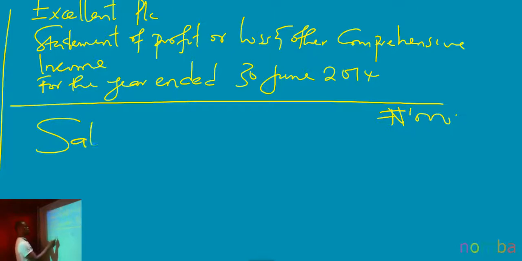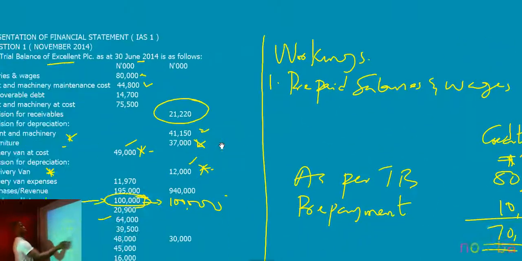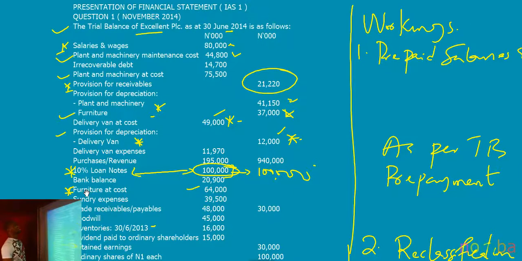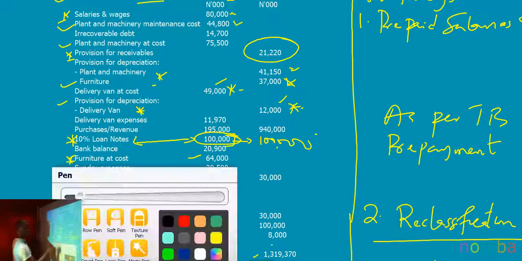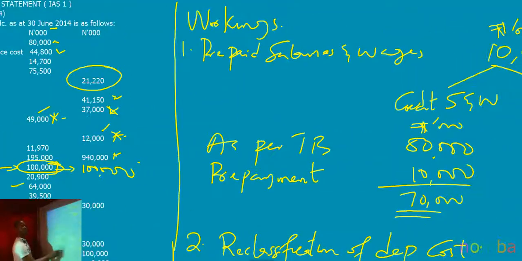Now, the first item here is the sales. So, let's look at the sales. Where's my sales? Okay. They gave me purchases and revenue together. So, I have 940,000.